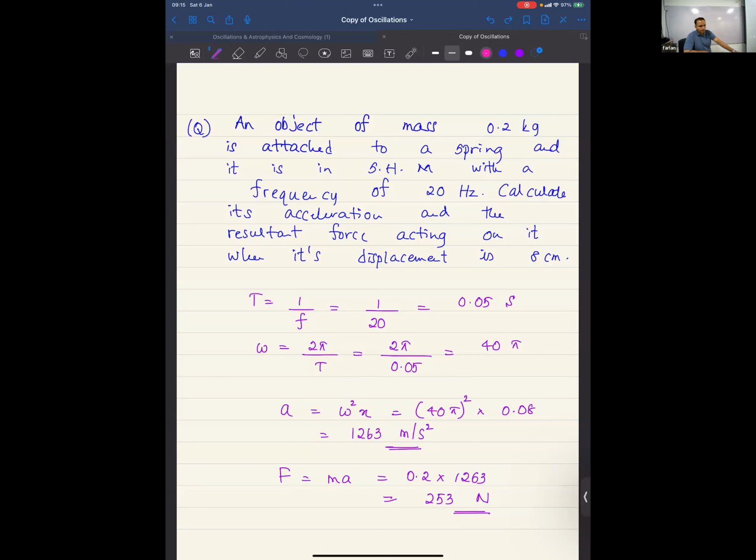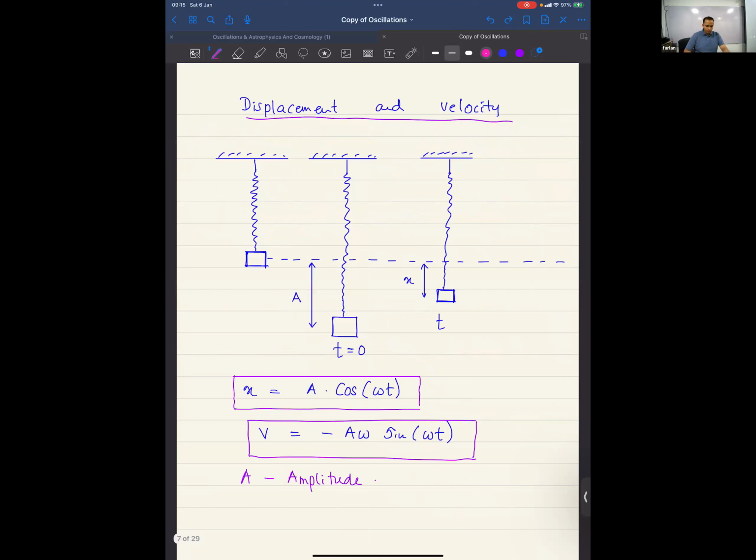Same thing as the earlier one. Okay. Yep. Right. The next one. Right, on to the next subtopic: displacement and velocity.